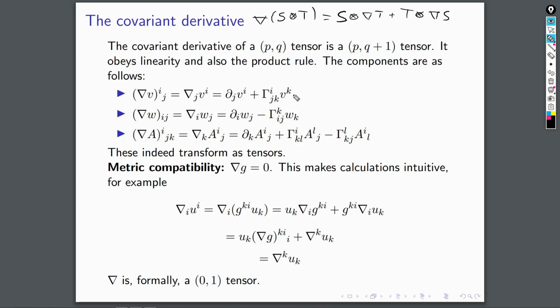And the indices of the covariant derivative are given by these expressions here. You'll notice that when we had this thing here, we ended up getting ek dj uk plus uk, and then something involving the gammas.